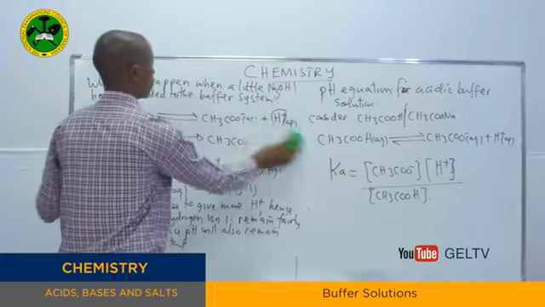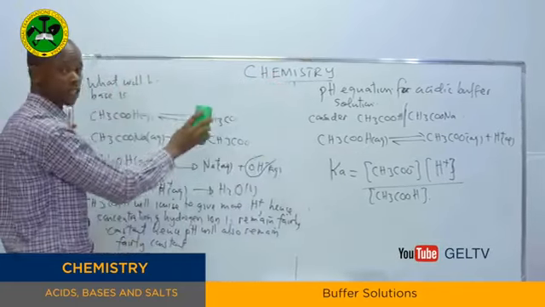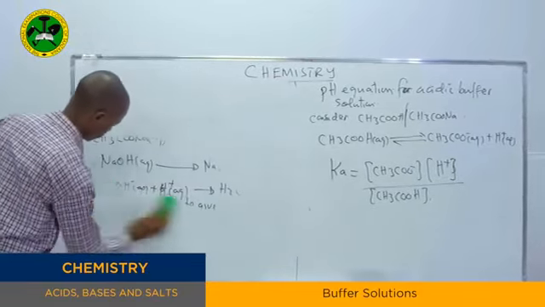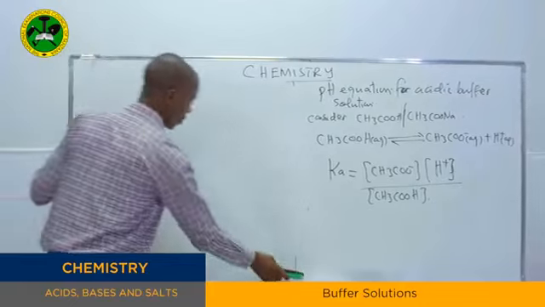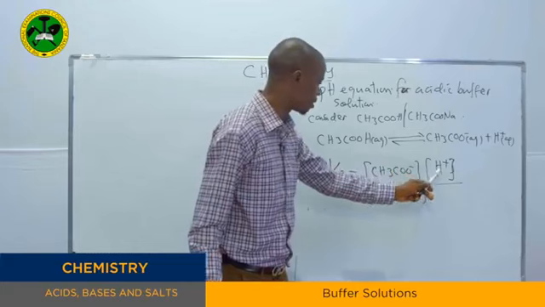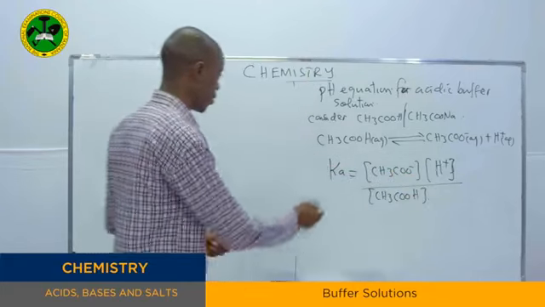Now from there, our aim is to find the pH of the solution. Therefore, we make the concentration of hydrogen ion the subject. What are we going to do?